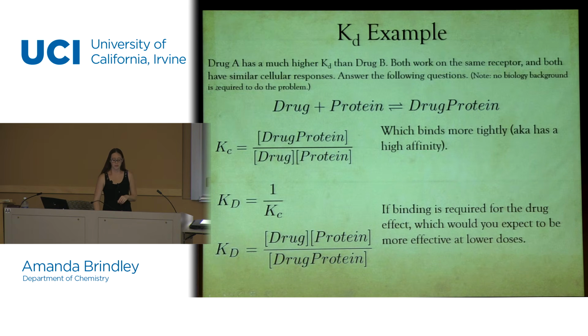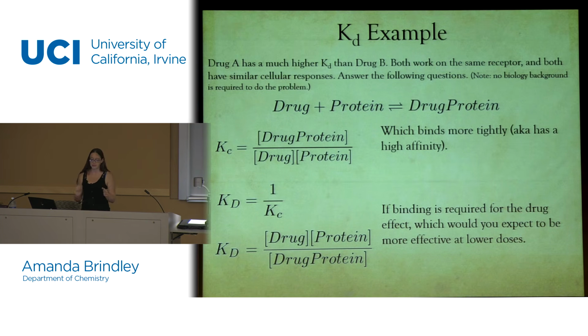Okay. So drug A has a much higher Kd than drug B. Both work on the same receptor, and both have similar cellular responses. In other words, they're basically the same drug, but just a tiny bit different. Answer the following questions. Again, you can just use math to do this. Which binds more tightly? So which has a higher affinity?